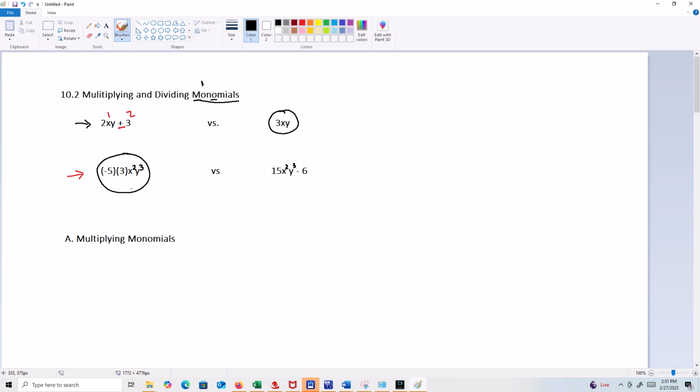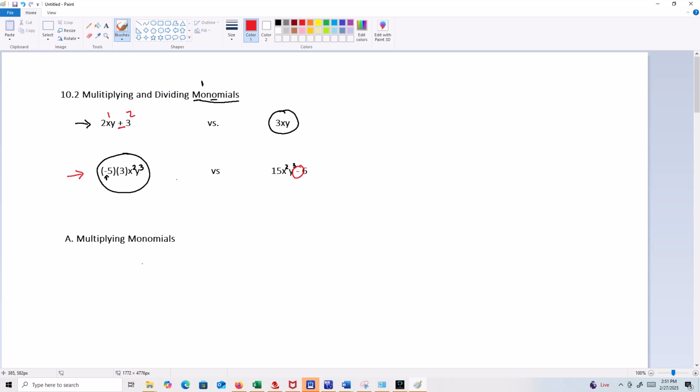There is no addition or subtraction sign in between any of the terms. The negative that you see right there is just the sign for 5. The fact that it's within parentheses means you're multiplying it. However, the one on the right is a binomial because of the minus sign.